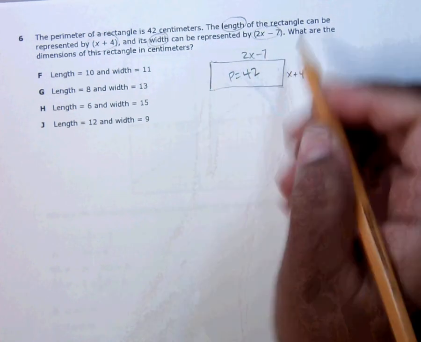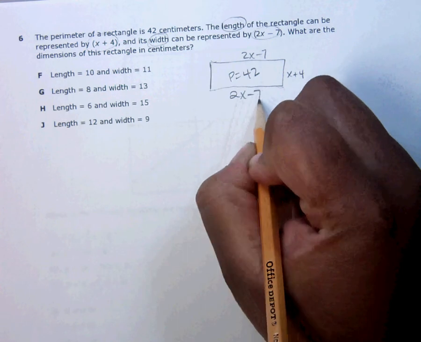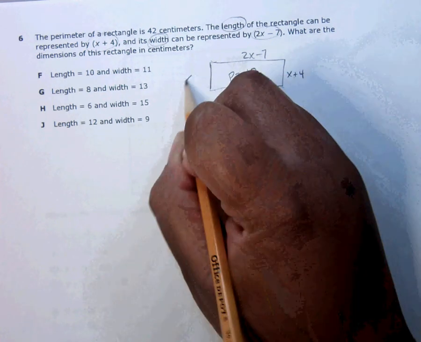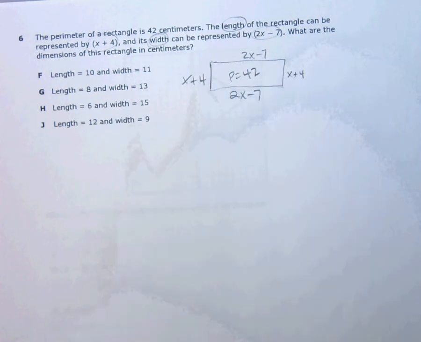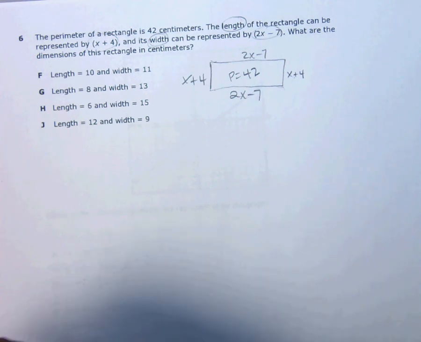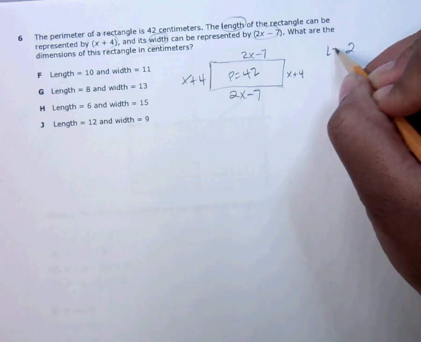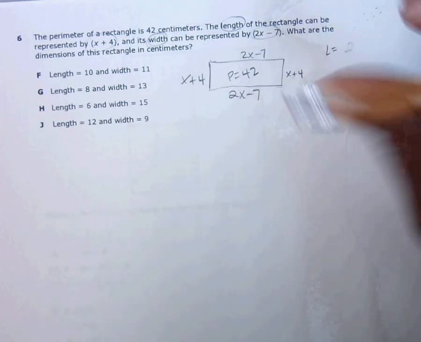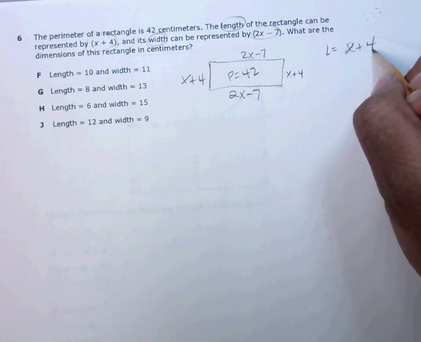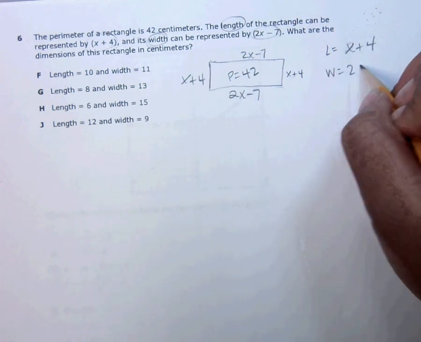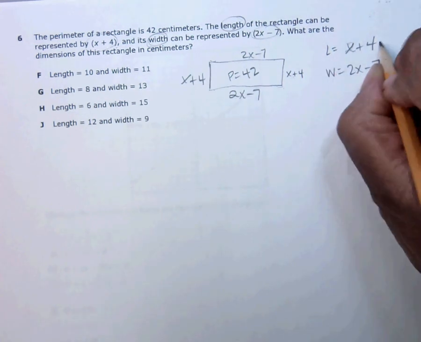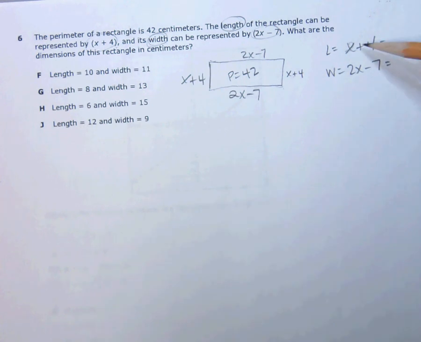If this side is 2x minus 7, this side is 2x minus 7. This side is x plus 4, this side is x plus 4. Now it wants me to find the dimensions. If the length is x plus 4 and the width is 2x minus 7, what's keeping me from knowing these numbers?